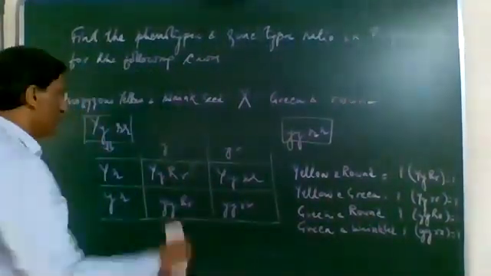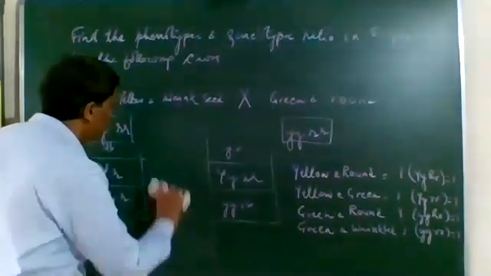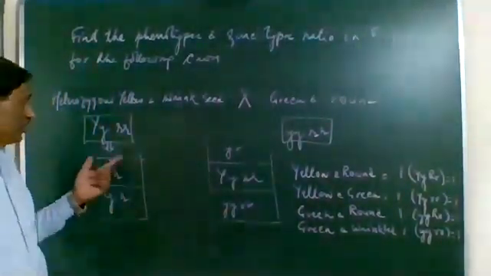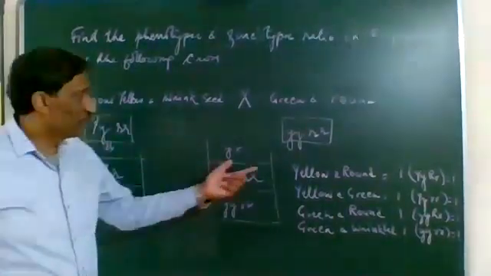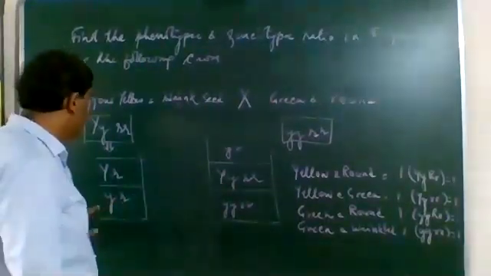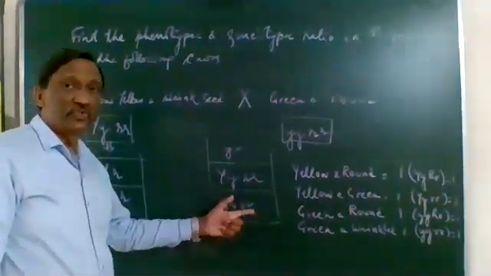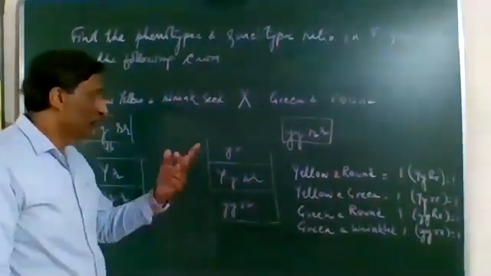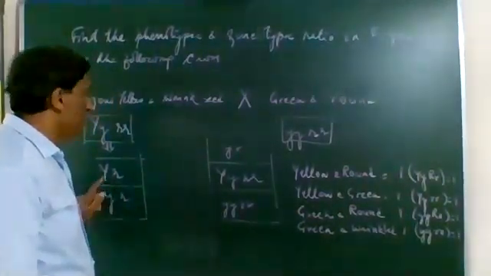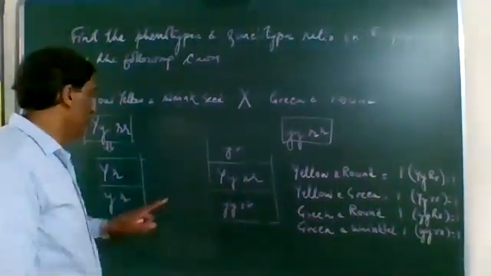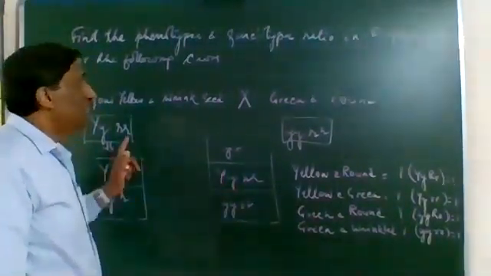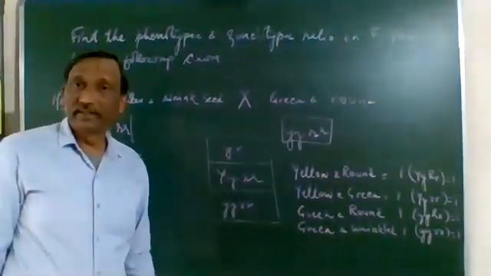This entire thing will change into this one. From here two types come and from here always only one type. So this with this and this with this, we would have one of two types of forms: yellow and wrinkled, and green and wrinkled. R is wrinkled in every case.